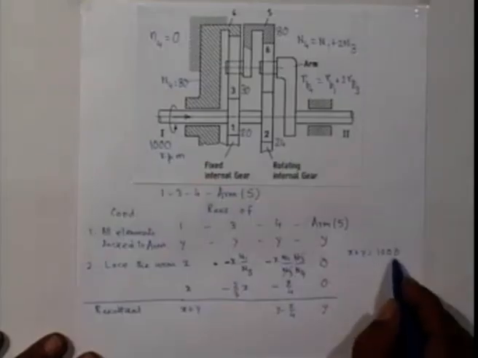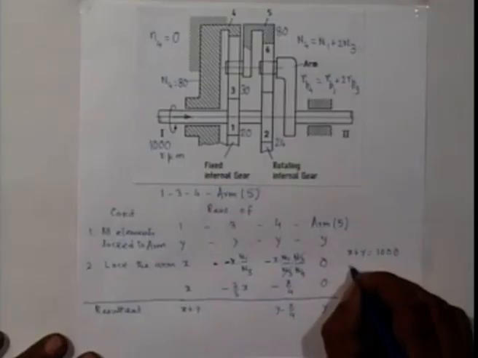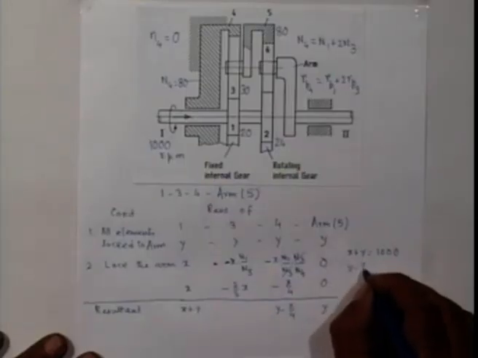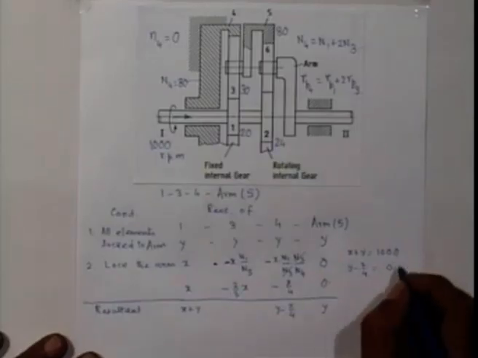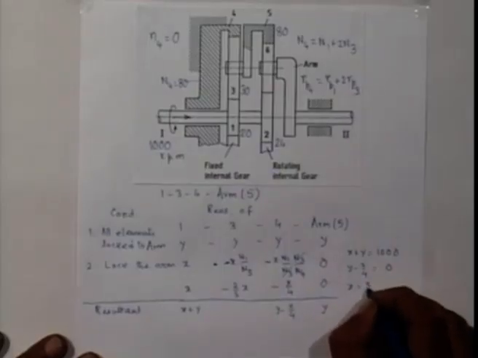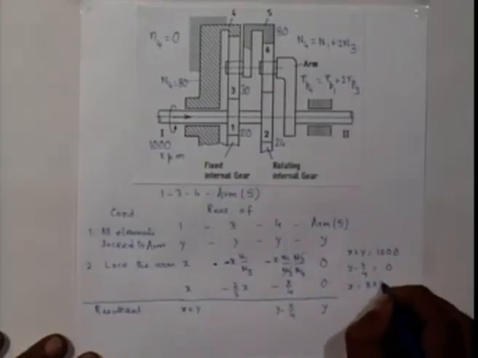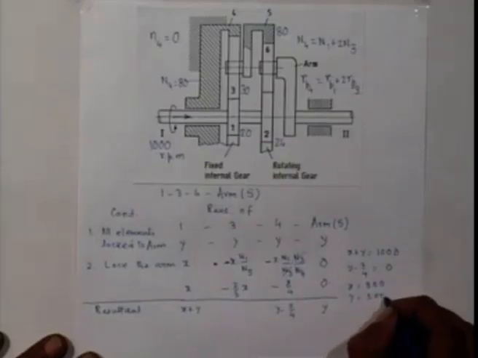So x plus y is 1000 and n4 is 0. So y minus x by 4 is 0, which if I solve these two equations, I can get x equal to 800 and y equal to 200 rpm.